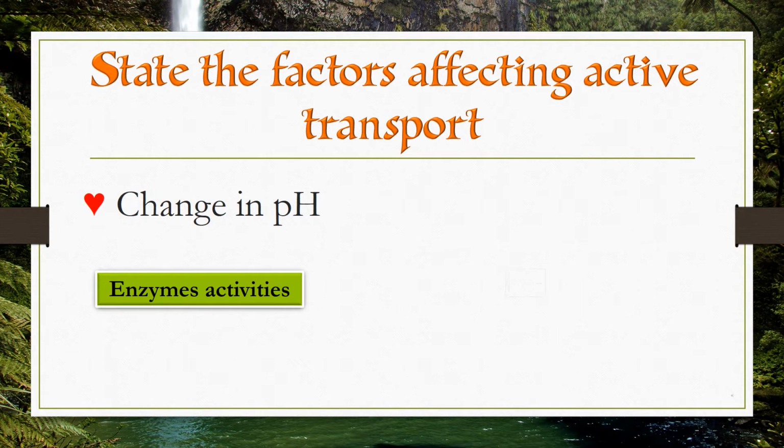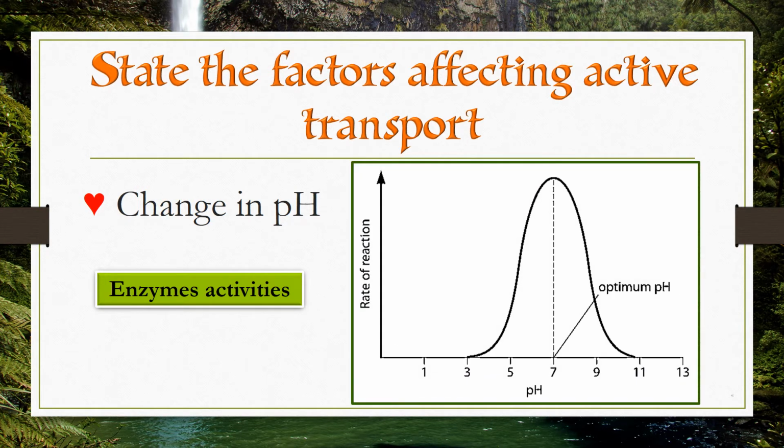Now, we have the pH curve, and we have the enzyme activities. So on the horizontal, we have the change in pH. Vertical, we have the rate of reaction. Now, this enzyme works best at a pH of 7, which is its optimum pH, meaning at that pH, this enzyme is very active.